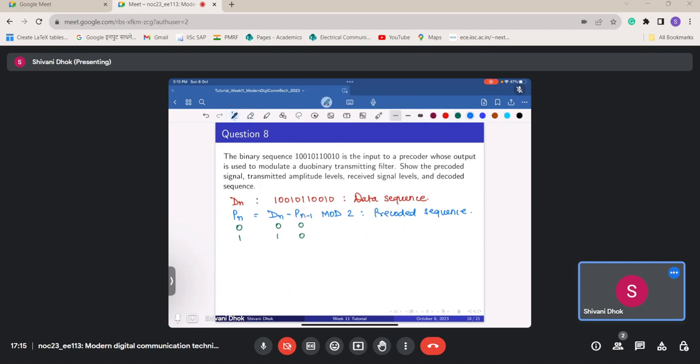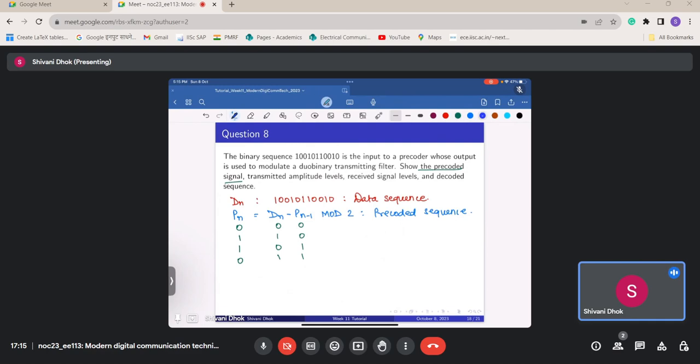Then if Dn is 0 and Pn minus 1 is 1, then again this will be 1. And if Dn is 1 and Pn minus 1 is 1, then this will be equal to 0. Okay, I hope this part is clear. So this thing is your pre-coded signal.